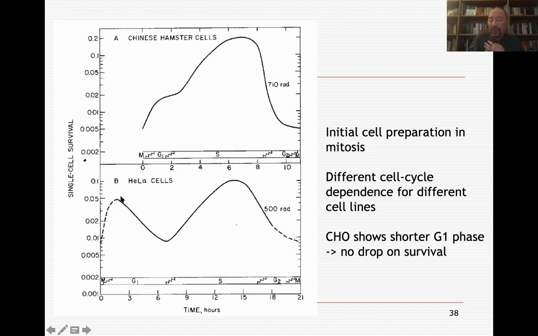So if they have a longer G1, you don't see it here, but you see it here, that during G1, you also go from high sensitivity here to a lower sensitivity here. Sorry, more resistant. In M it is very low, then increases in G1, then decreases a little bit again, very resistant in S phase, and then down again.